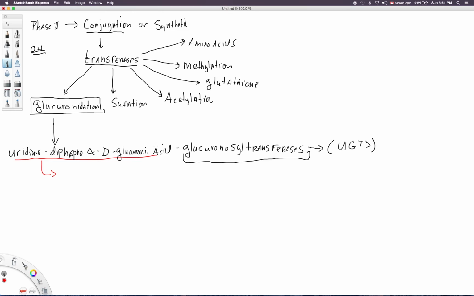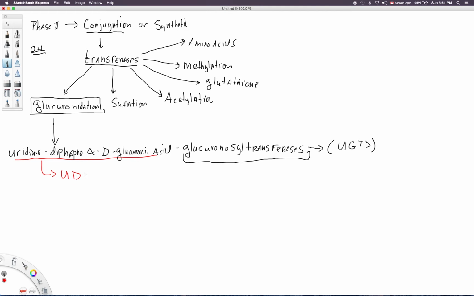A co-substrate, I suppose, is the best way of defining what this is.